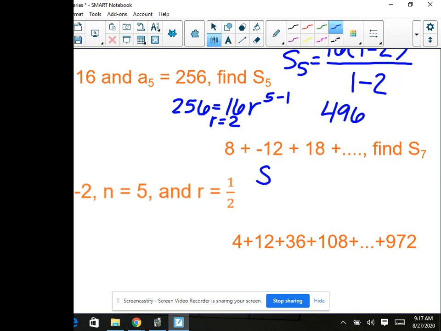So S sub 7, if we have our first term, which is 8, 1 minus, now our common ratio, if we have issues going forward, we can always go backwards. So if I take negative 12 over 8, they're both divisible by 4, so negative 3 halves.